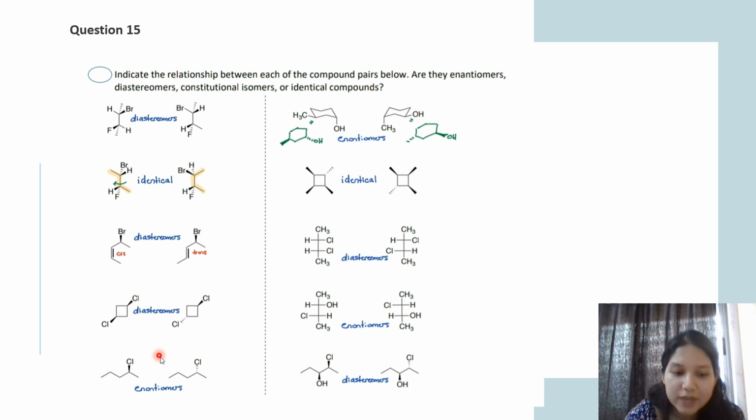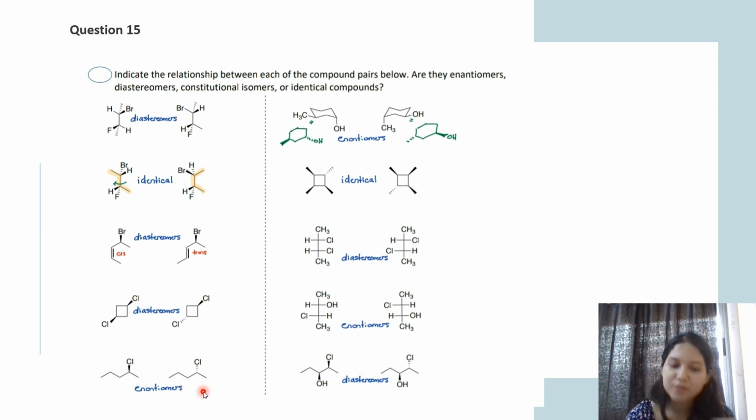Similarly, if we try to solve for this pair, you are given two pentane molecules and you have one chlorine substituent in each of these molecules. If we try to visualize, you will know that these two molecules are mirror images of each other.